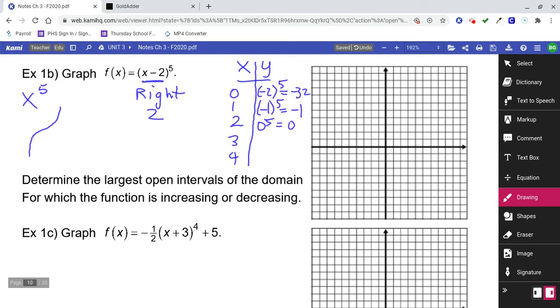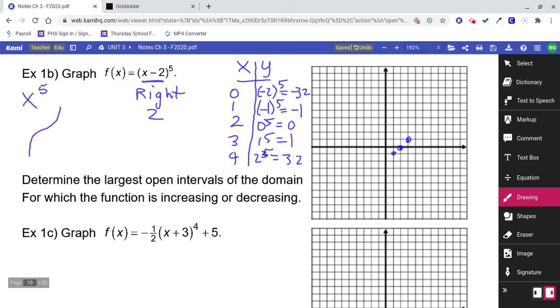Plug in 3, 3 minus 2 is 1. You're going to have 1 to the 5th, which is 1. And 4 minus 2 is 2 to the 5th, is 32. A couple of those points you can't really graph because they're off the graph. But we've got 1, -1, 2, 0, and 3, 1.